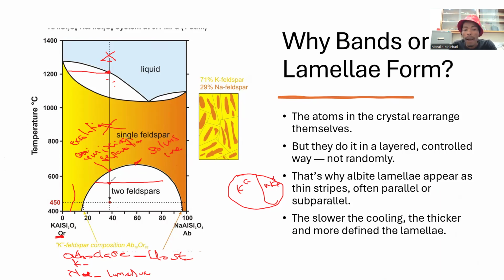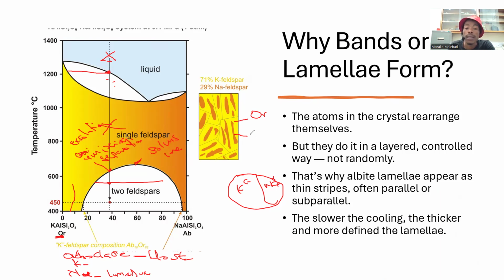But now, what happened is, if you check over here, the dominant part, which is the host, is the orthoclase. And as those atoms rearrange themselves, they pack themselves subparallel, or parallel, forming these thin stripes.